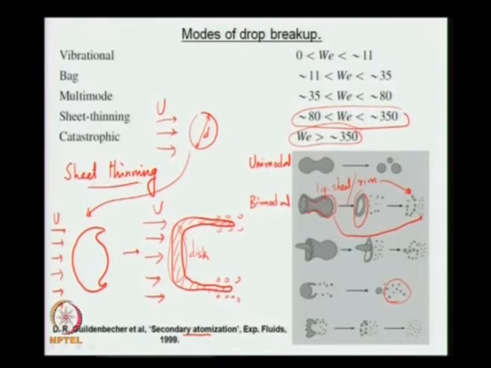In fact, the word catastrophic is a descriptor of nothing more than our lack of information about this regime. There is some experimental evidence of the drop sizes that will form, but the specific physics of how the drop breaks up at this high Weber number is, I think, not as well understood as the others.